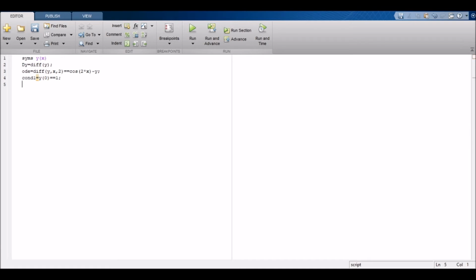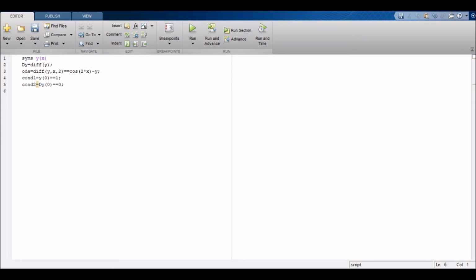Then the second condition, condition 2 equal to y dash, that means dy of 0 double equal 0. This is the second condition.